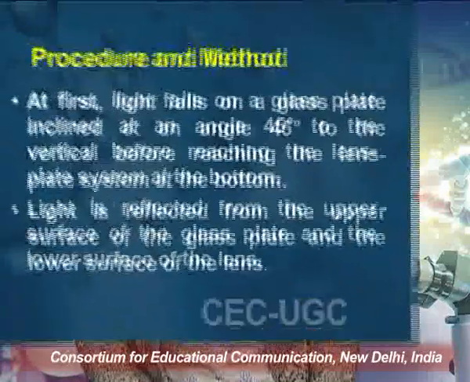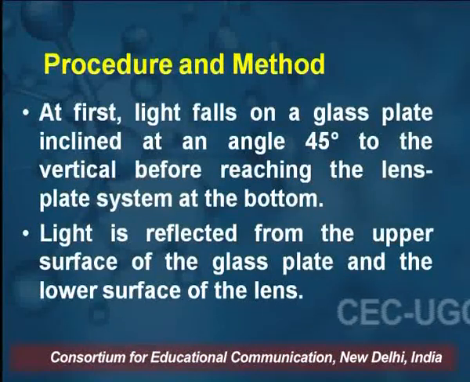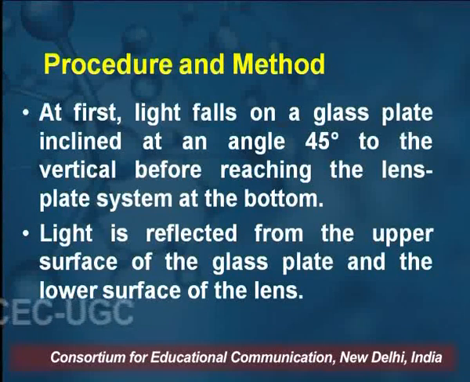So here we are using the wide slit because we are dealing with interference due to amplitude, which renders it into a nearly parallel beam, and this beam falls upon a glass plate which is inclined at a 45-degree angle to the vertical before reaching the lens plate system at the bottom.